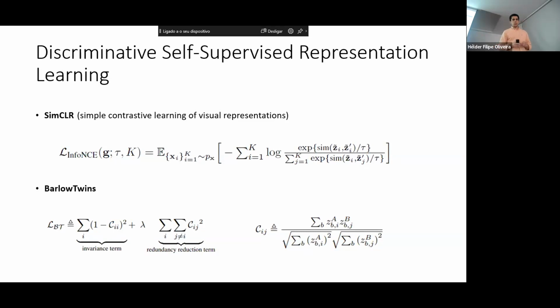On the other hand, with the Barlow Twins loss, we have a regularization method where we try to reduce redundancy in the embedding space. What we do is maximize the diagonal elements of the correlation matrix between the two views and minimize the off-diagonal elements of the correlation matrix, such that we reduce redundancy.